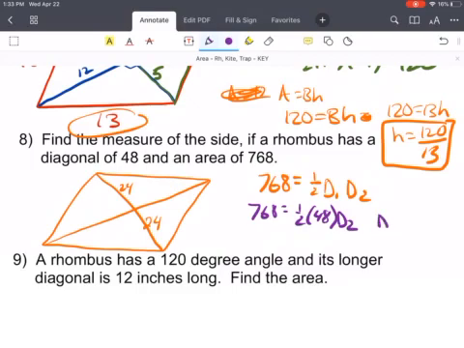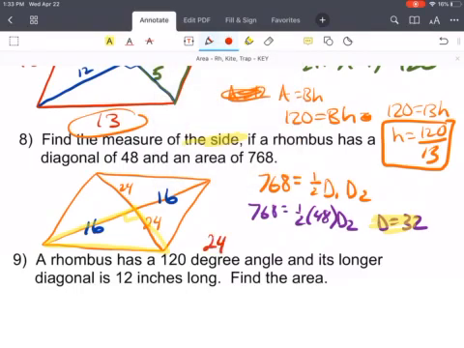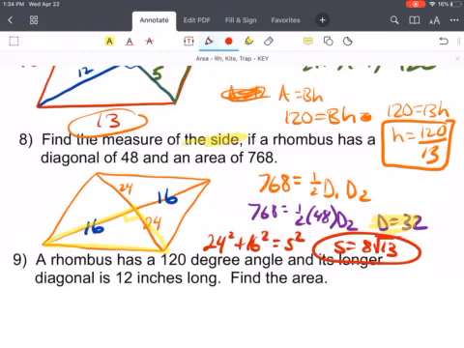When I solve for that diagonal, I get 32. Then I'm going to use my rhombus properties of bisecting that, and I get 16 and 16. And then in order to find the side, I can use the right angle Pythagorean theorem, and I would get 24 squared plus 16 squared equals the side squared. And when I simplify that, I will get 8 root 13.